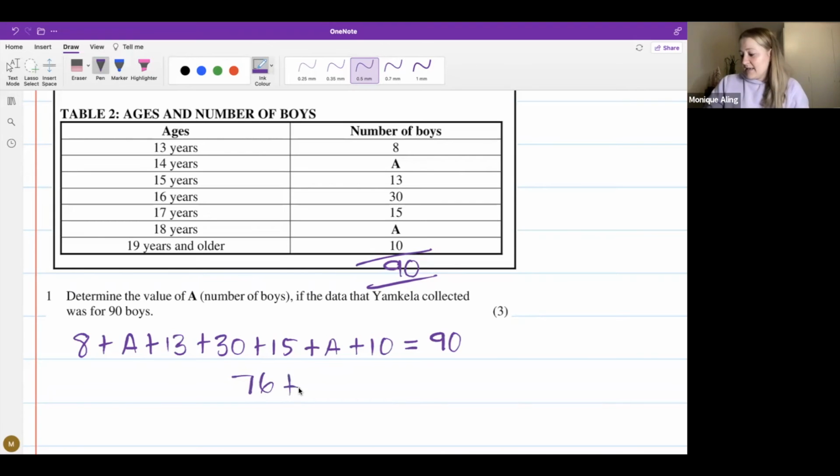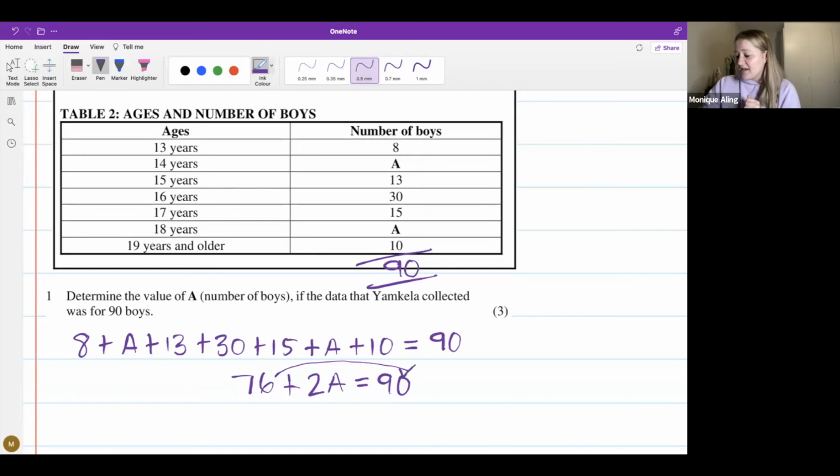When I add those numbers up, I get 76. And I get 2 A's left over. So I'm just going to say 2A is equal to 90, which works in line with what Kagiso said. I'm now going to take my 76 to the other side.